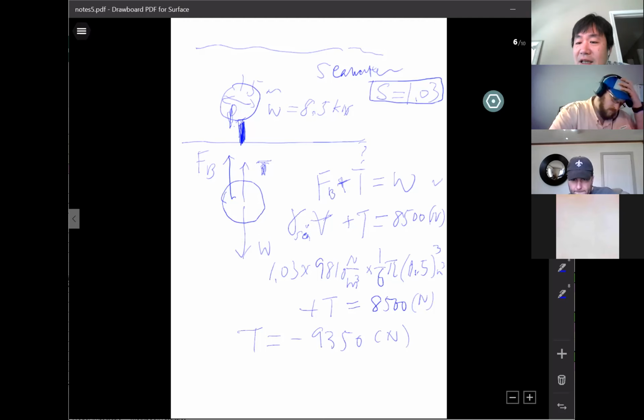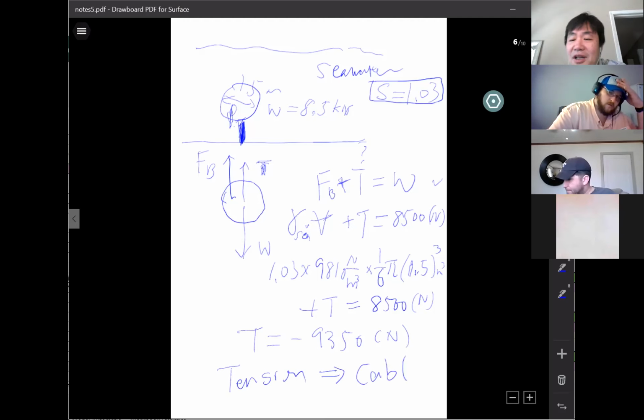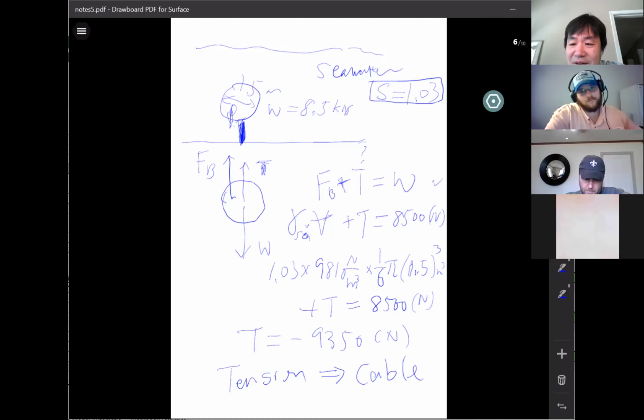The T is downward. Okay, so the T is downward, then it is a tension. It is not a compression. It's a tension, then it has to be cables there instead of the solid support. Okay, so that's what the design is.